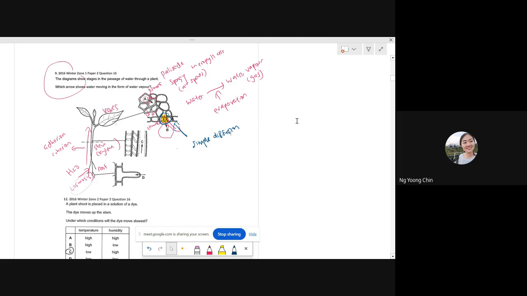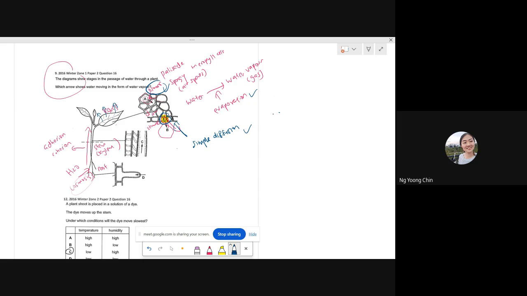So this whole process involves diffusion, water evaporation becoming water vapor, and osmosis, right? And the osmosis happens between the mesophyll cells, because the water diffuses from one cell to another cell. This whole process helps to pull the water from the roots to the stem until it reaches the leaf, and then it evaporates and becomes water vapor.